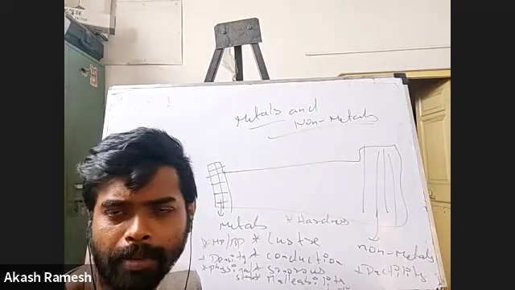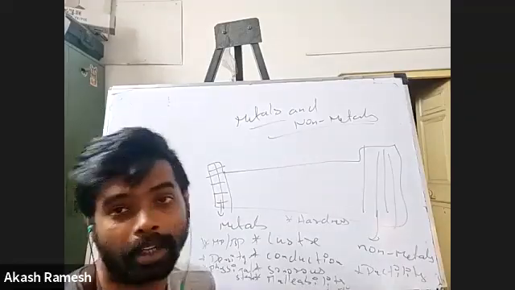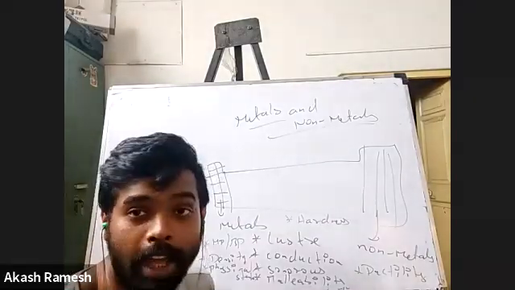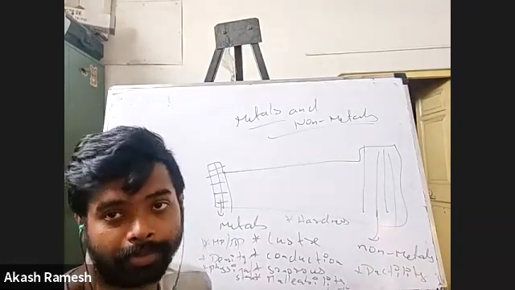Can you give me any examples? Diamond, iodine. All these are non-metals, but still they are lustrous in nature.